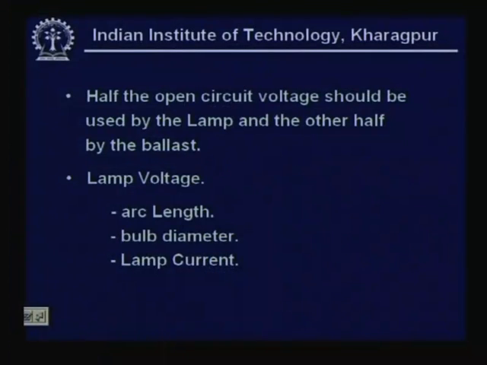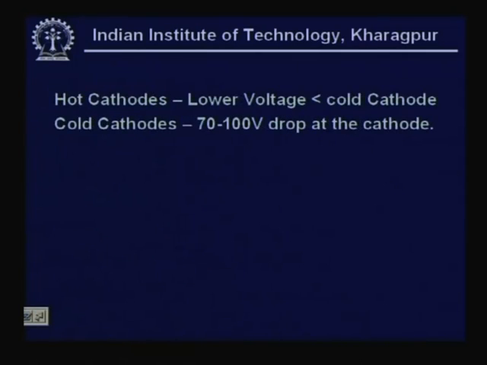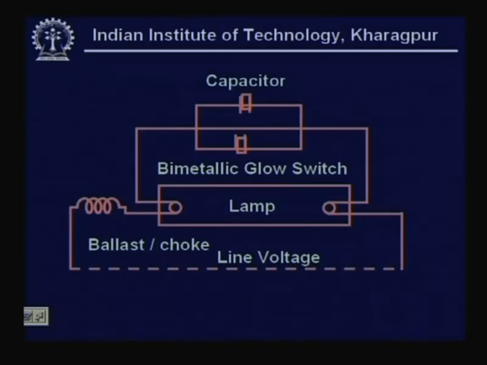Lamp voltage, of course, depends on the arc length, bulb diameter, and lamp current. The hot cathode obviously can operate at lower voltages than the cold cathode. The basic disadvantage of cold cathodes, as we did mention, is that the emission is essentially through electron emission and can have drops of the order of 70 to 100 volts at the cathode itself.